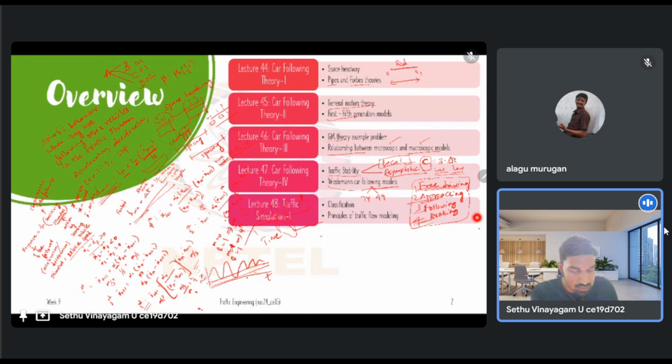And once the signal turns green, suddenly the volumes will start increasing, right? So this is a discrete simulation that we can apply here, because at different points in time you'll have sudden changes in the system, and within that period the state is going to remain constant.